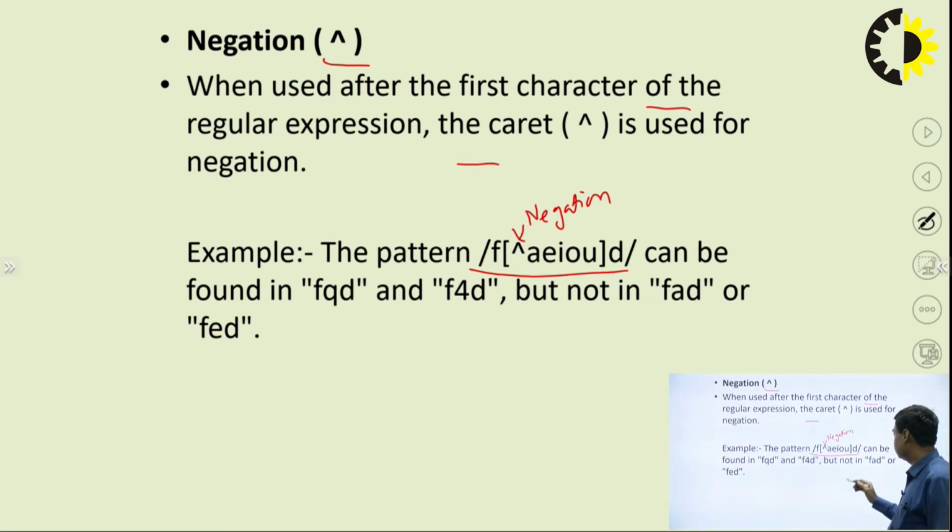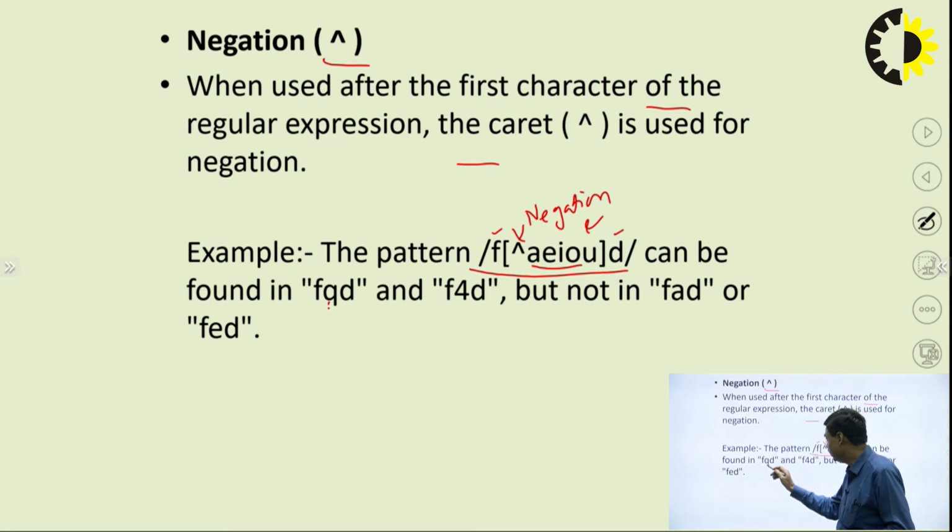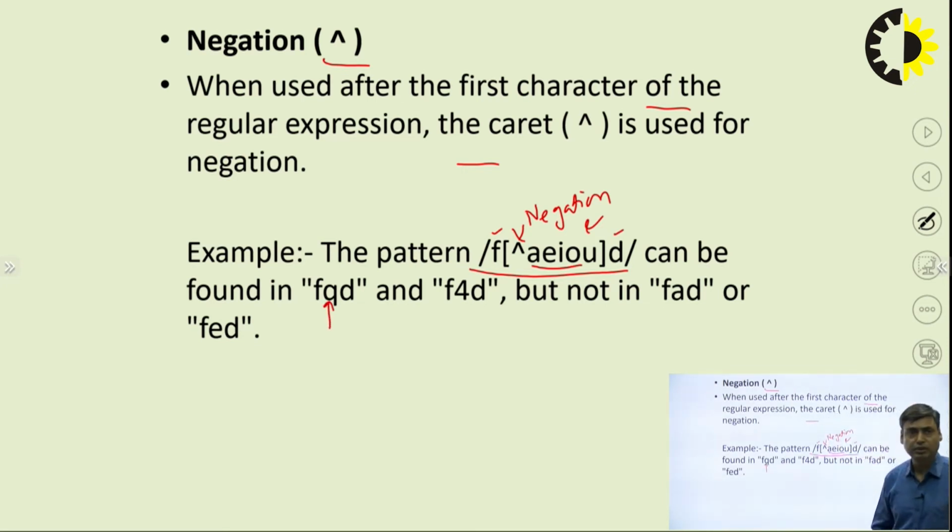Negation means here we can have F, we can have D. At this position, any character from this set should not appear in the string. Any character other than these characters is applicable in the string, and then the string will be valid. So it can be found in FQD because Q is not part of this set. It can be found in F4D because the 4 is also not part of this set, but it is not present in FAD.